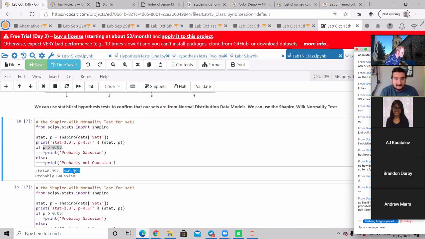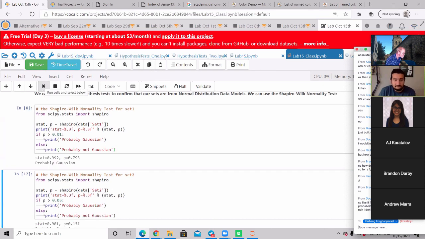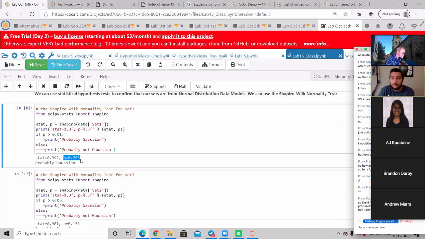That means that the distribution my samples are coming from is probably a normal distribution. It doesn't matter really, but I can change this 0.05 to 0.01 to raise my confidence level and make my significance level even lower. The answer is not going to change because my p-value is so high.